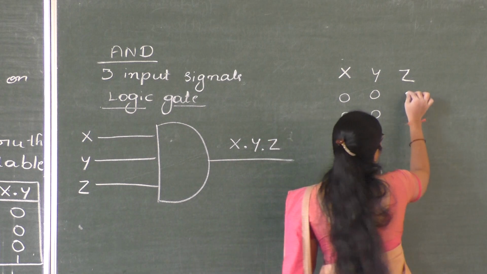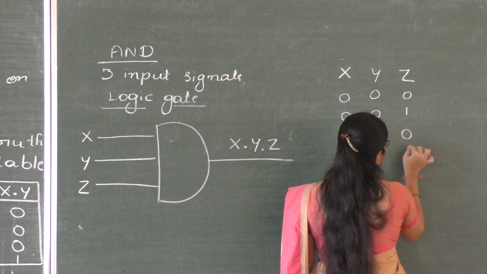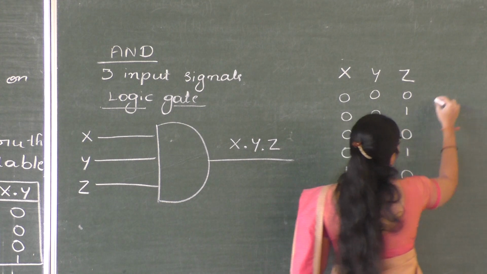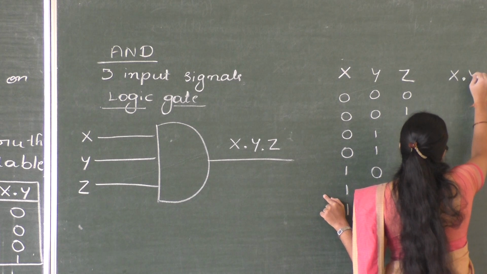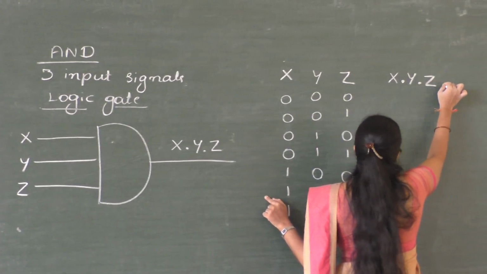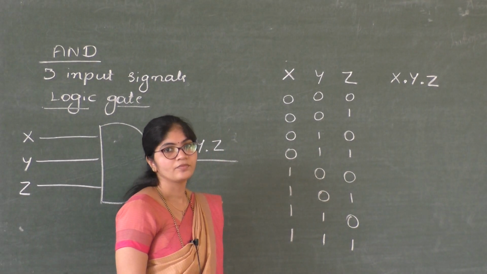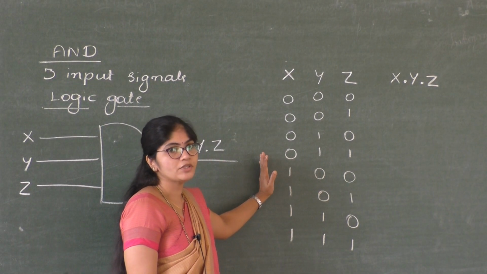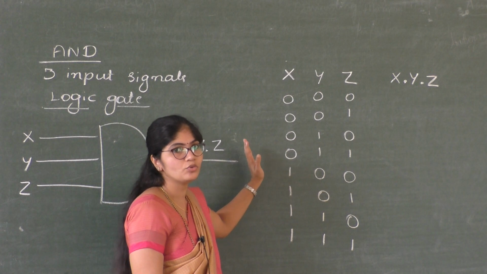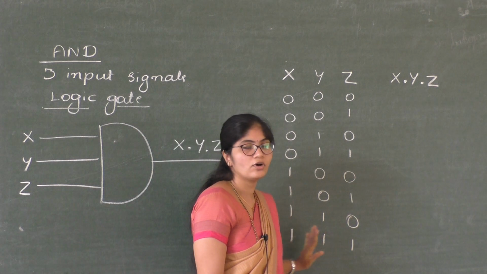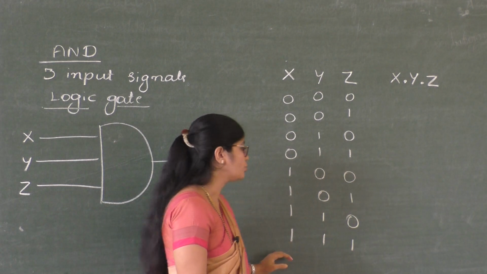In the third column, 0 1 0 1 0 1 0 1, and output is X dot Y dot Z. In AND operation, if any one of the input values is 0, output is 0. If all the input values or all the input signals are 1, then output is 1.